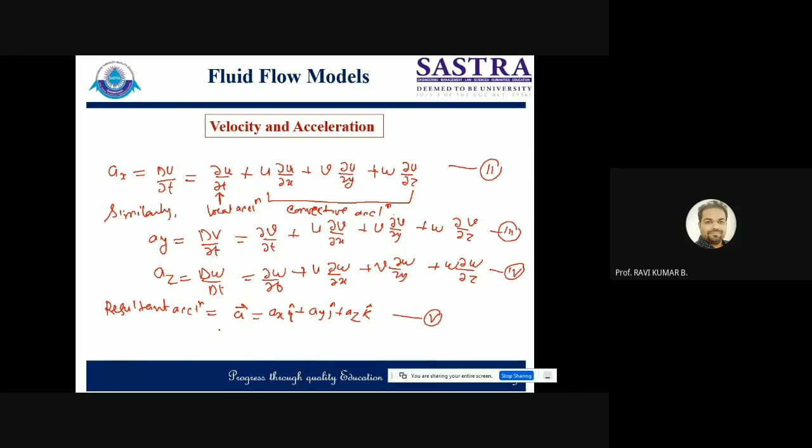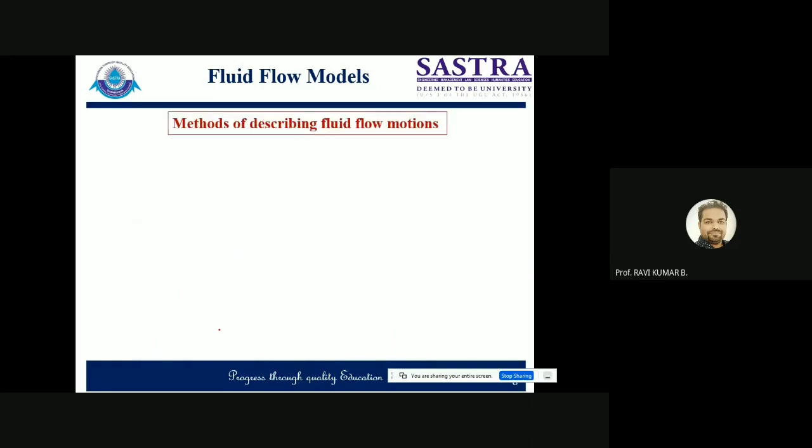So this is regarding velocity and acceleration. Now the next topic is methods of describing fluid flow motion. There are two methods. Even in thermodynamics concepts, there were also two methods. Here also there are two methods. So what are the two methods?